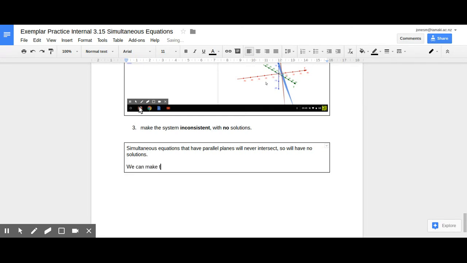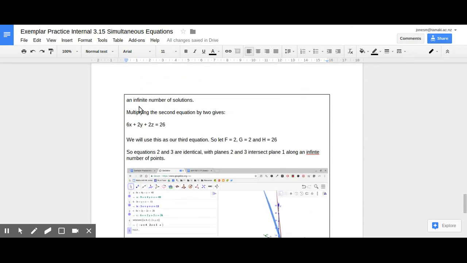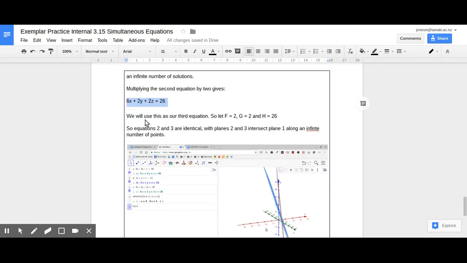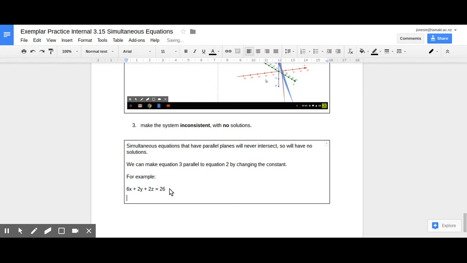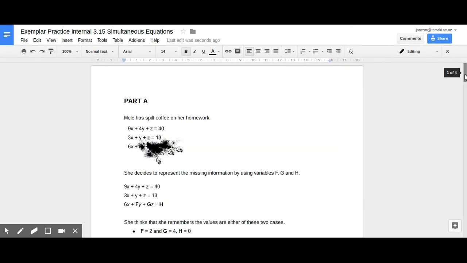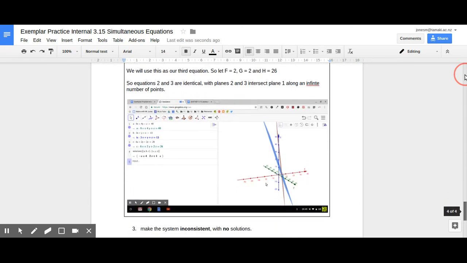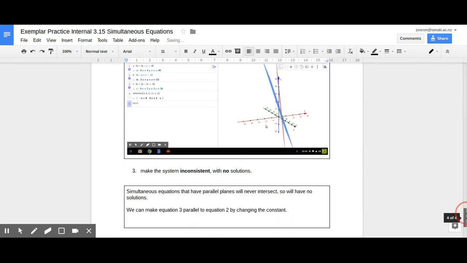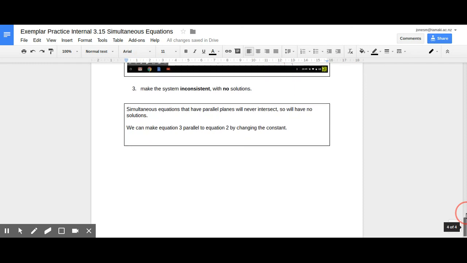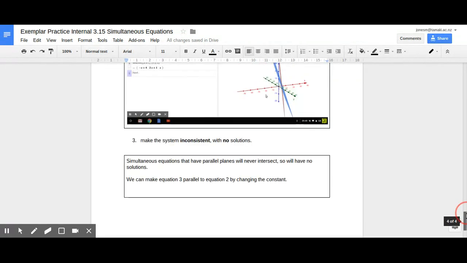We can make equation 3 parallel to equation 2 by changing the constant.